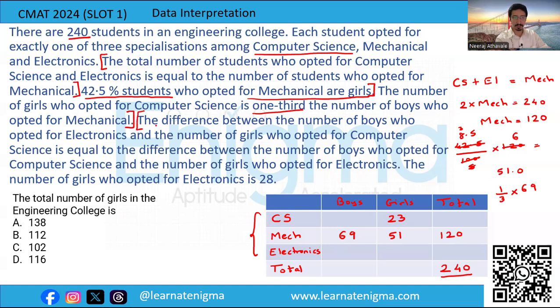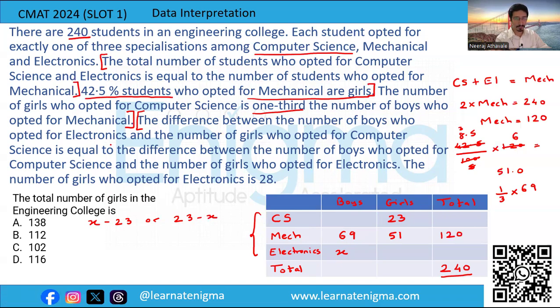Now this data is a bit tricky. The difference between the number of boys who opted for electronics and the girls in CS: let's assume there are X boys in electronics. So the difference between electronics boys and CS girls will be X minus 23, or it could be 23 minus X as well, depending on which value is bigger.